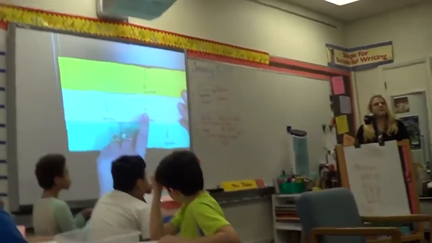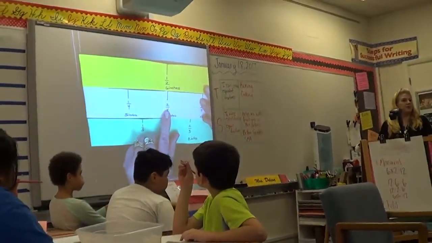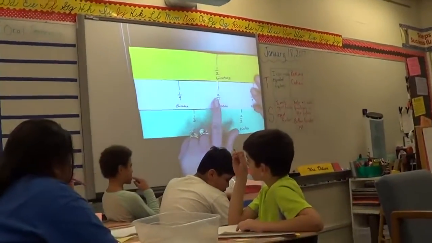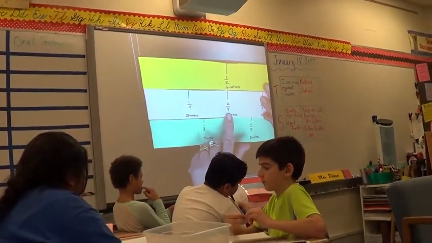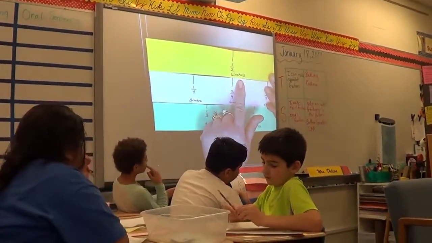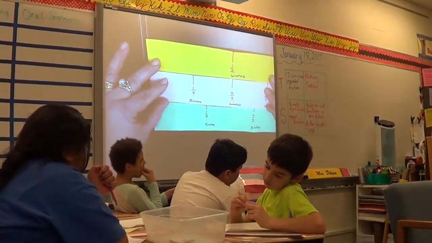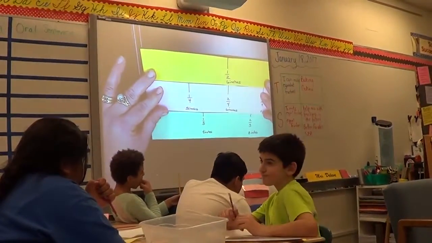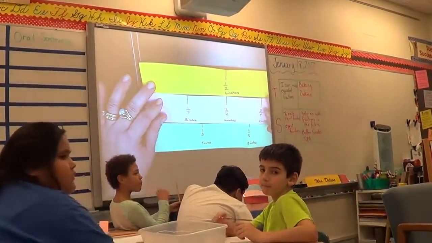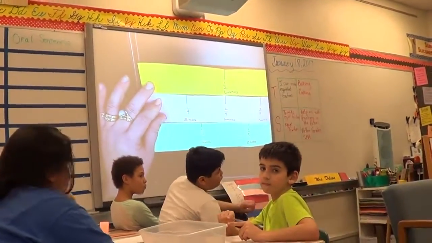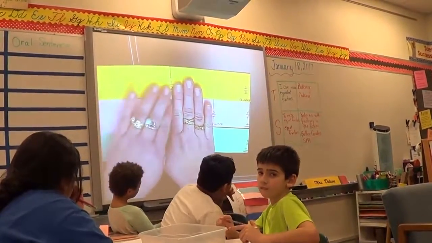Now do you understand why earlier, when I had Kalal come up and show his paper, I wanted him to move his equivalent fraction underneath and not to the side? That makes so much more sense now. If you were to put these all together and you used your ruler and you marked them to the inch like you were supposed to, they should line up. Now I'm going to move this down so you can see the other side here.